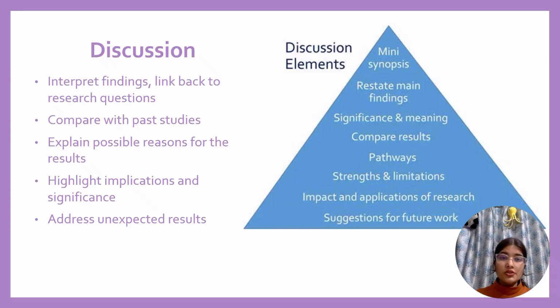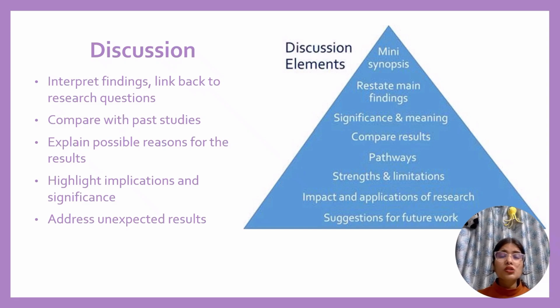Then try to explain why your results turned out that way. Were there contextual factors, characteristics or methods that might have influenced the outcomes? For example, maybe the students in your survey had better internet access than average, which could explain why online learning seemed effective in your study.